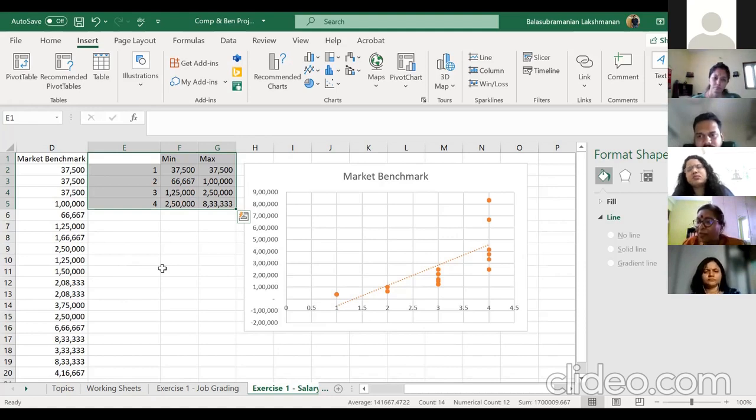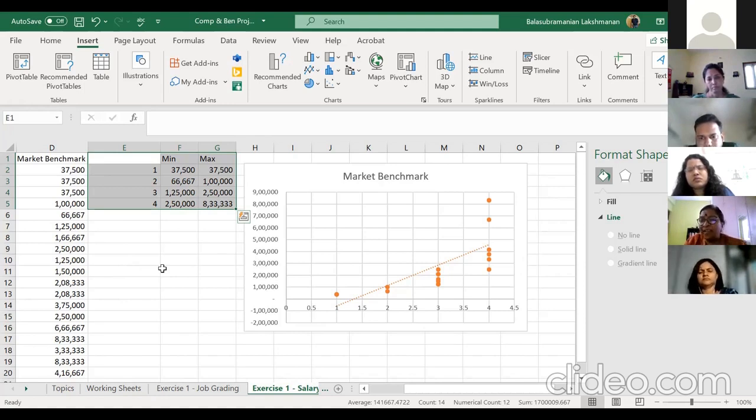Got it? So we will be talking about green circle and red circle when I do that point plan also. So you cannot go beyond the maximum. So you have to take into consideration increment and also promotions when you are fixing your ranges of min and max.